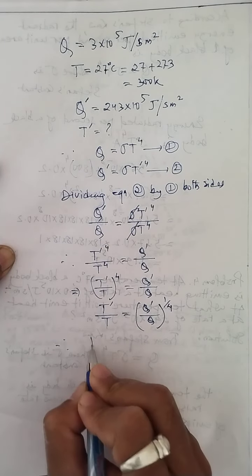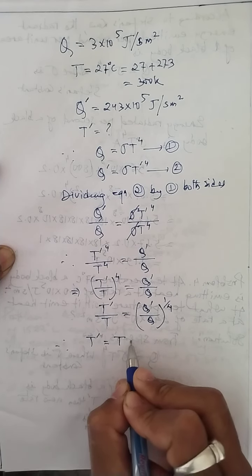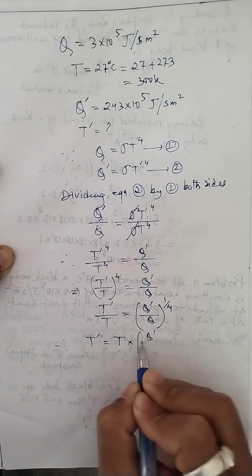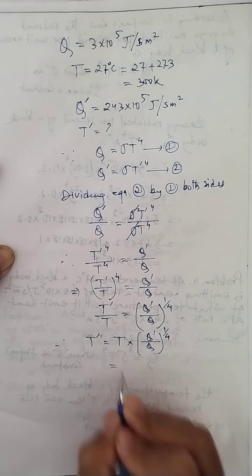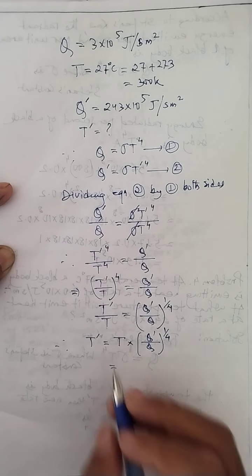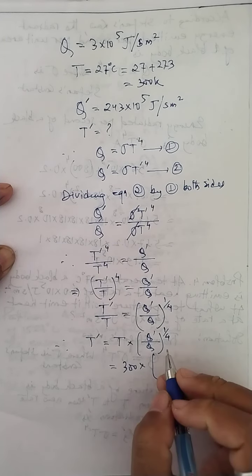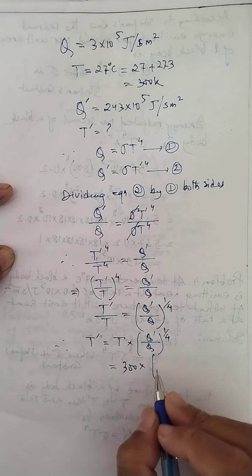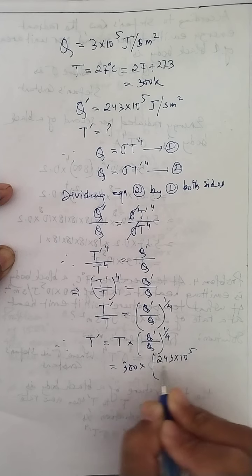I'll make T dash the subject. So T dash will be T into Q dash by Q with power 1/4. The value of T is 300. The value of Q dash is also known, 243 into 10 power 5.